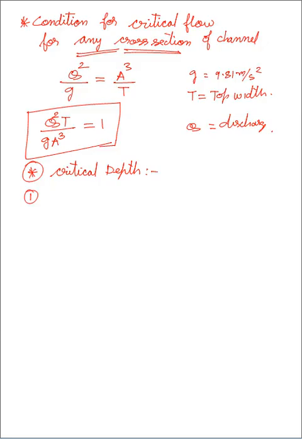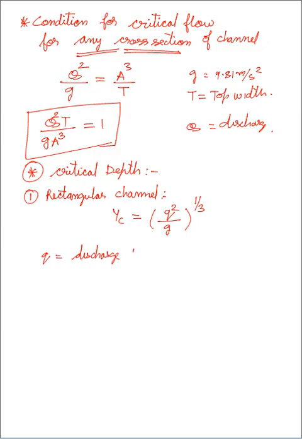First one is for rectangular channel. So YC is equal to q square by g raised to 1 by 3. Okay, now you will ask, what is this q? This is small q, that is discharge per unit width.